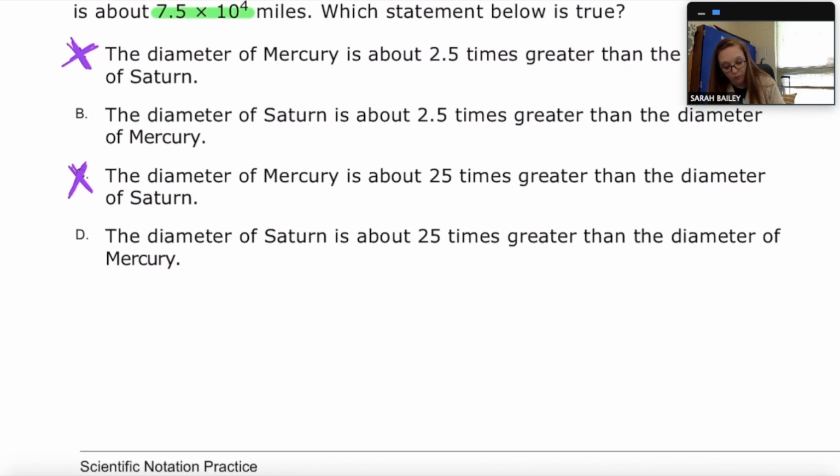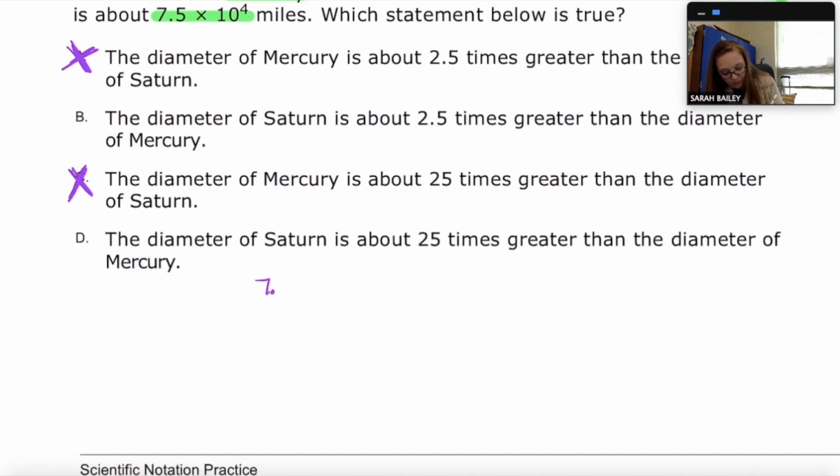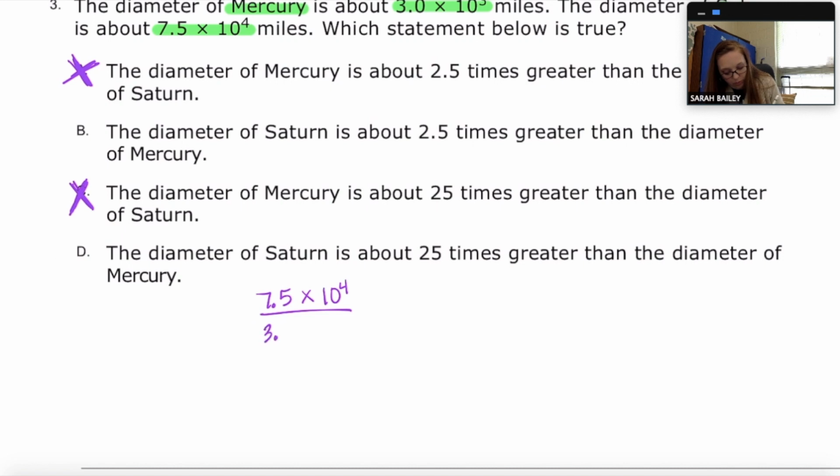So I'm going to do 7.5 times 10 to the 4th divided by 3.0 times 10 cubed. So that's 7.5 over 3.0 times 10 to the 4th divided by 10 cubed.